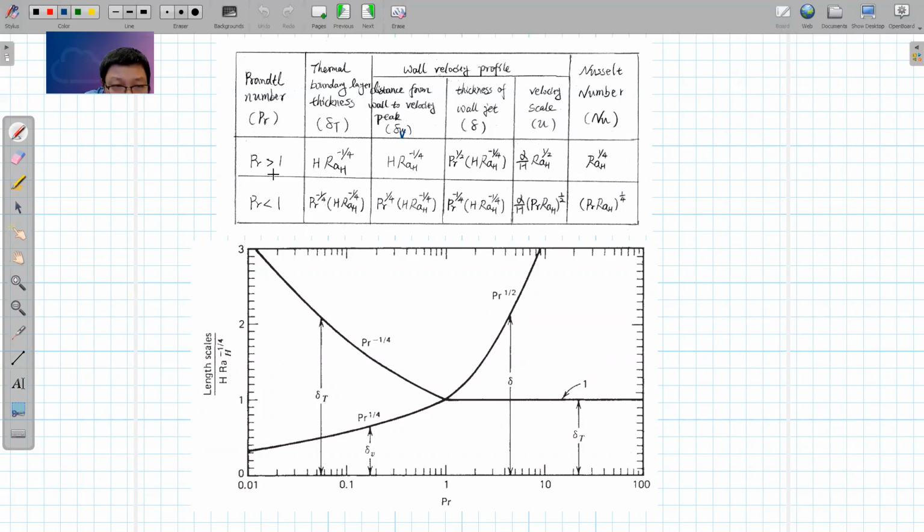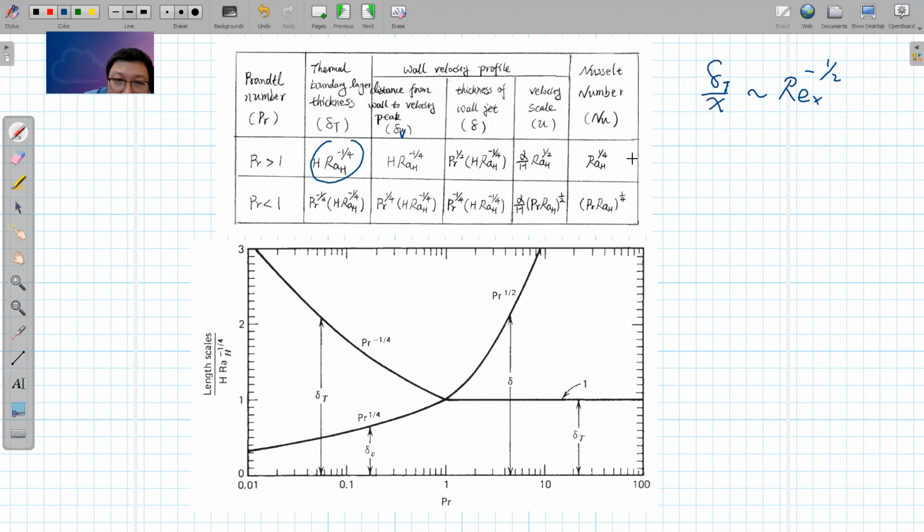And now looking at the result we're showing here, let's remember what we had before for our laminar boundary layer, right? For our laminar boundary layer, we have delta over x equal to the Reynolds number of x to the power of minus 1/2, right? You remember this? So if you compare with this result here, delta or delta T is actually the same thing.